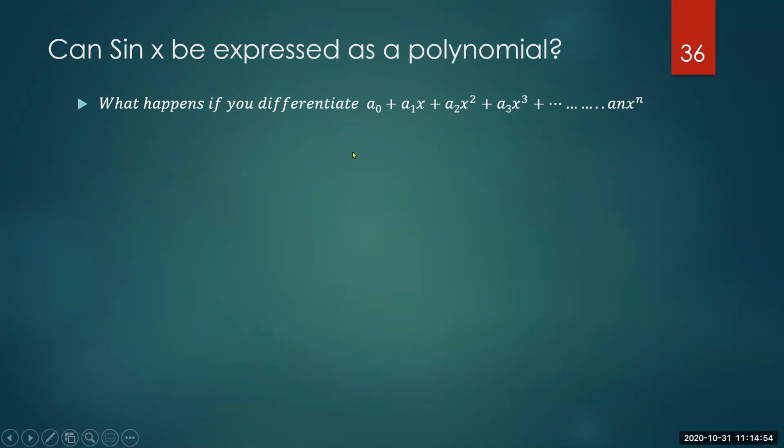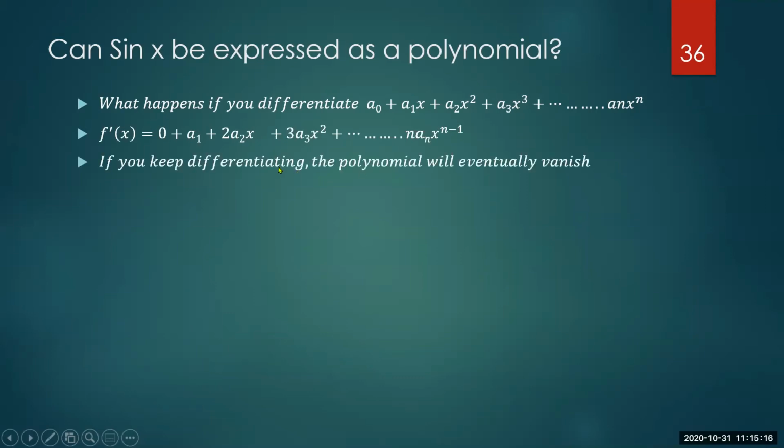And when you differentiate that, f dash of x, the constant term vanishes. So you get 0 plus a1 plus 2a2 times x plus 3a3x squared, and so on and so forth. You can see we started off with a polynomial where the highest power of x is n. Now the highest power of x is n minus 1. And so if you keep differentiating, the polynomial will eventually vanish. It will eventually go to 0.